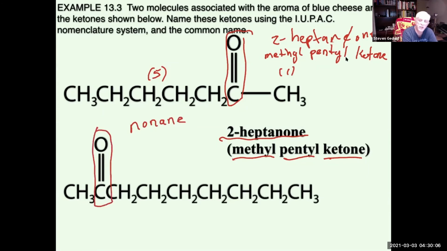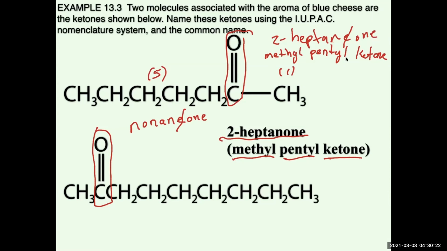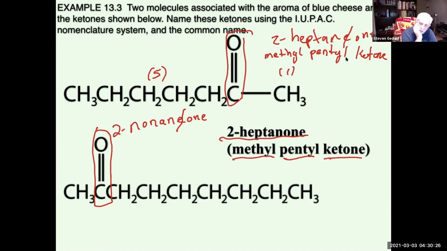Carbonyl group is between 2 carbons. So ketone, drop the E, add O-N-E, and at what number is the carbonyl carbon in this one? 2. Okay, you number left to right to give the carbonyl group the lowest possible number.